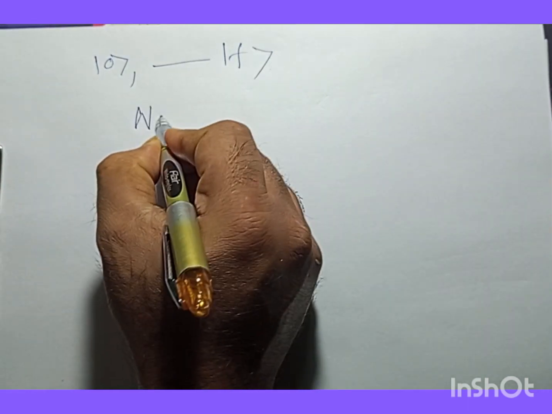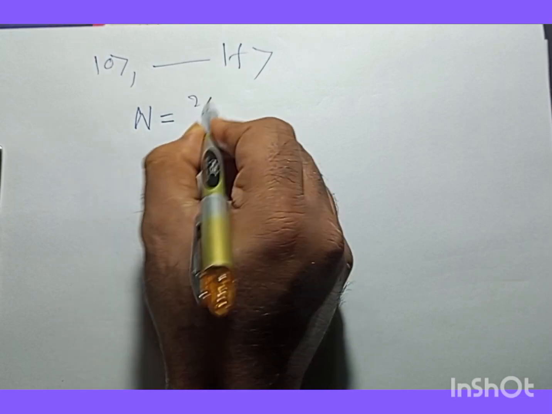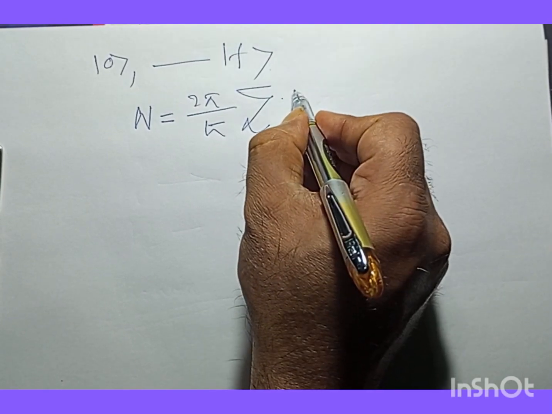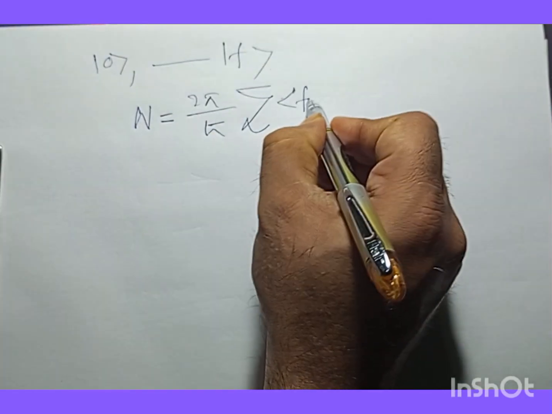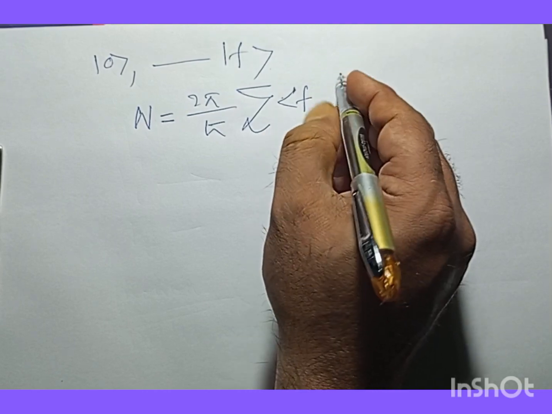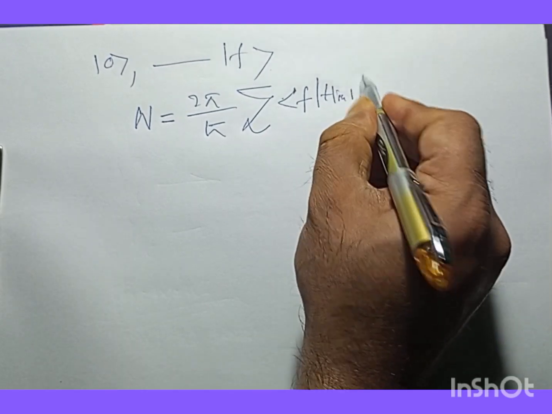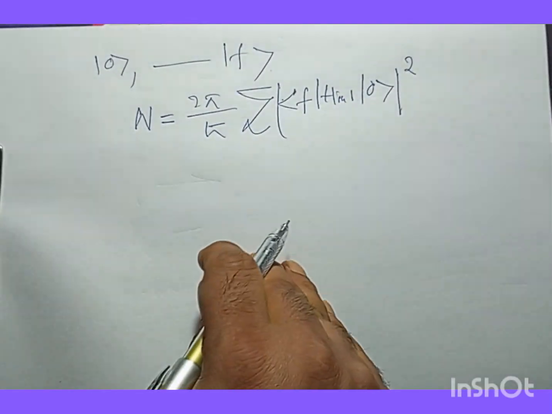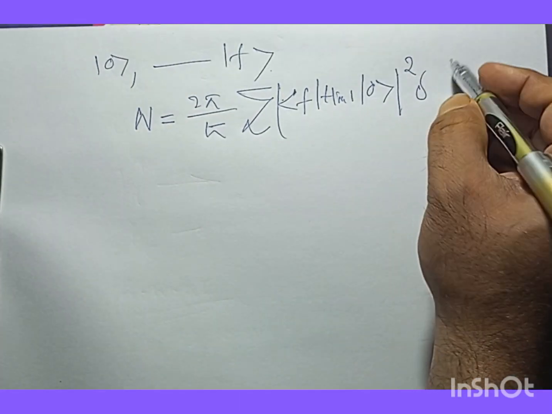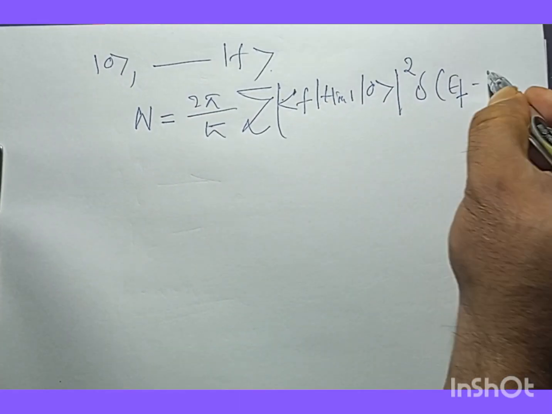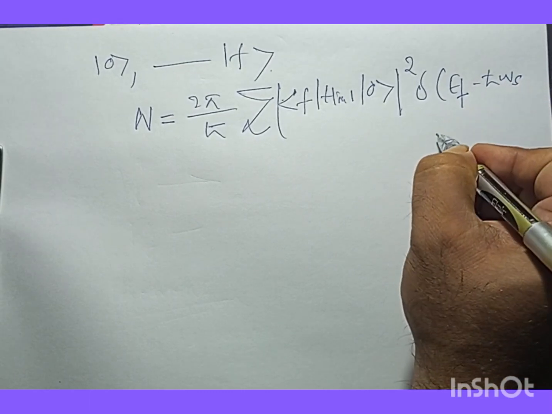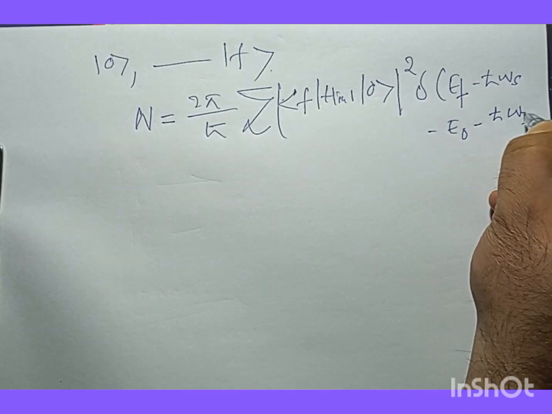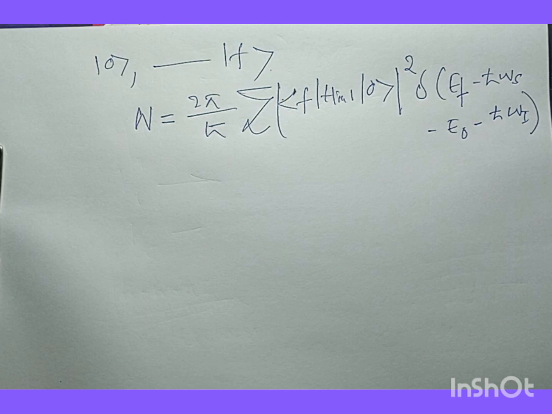That is, the transition probability is 2π/ħ Σ over the final states f, the interaction Hamiltonian between the final state f and the initial state 0, the square of this matrix element, and then δ(E_f − ħω_s − E_0 − ħω_i).